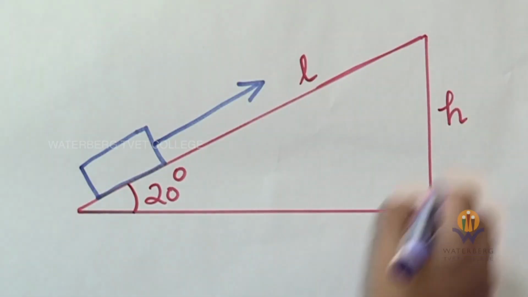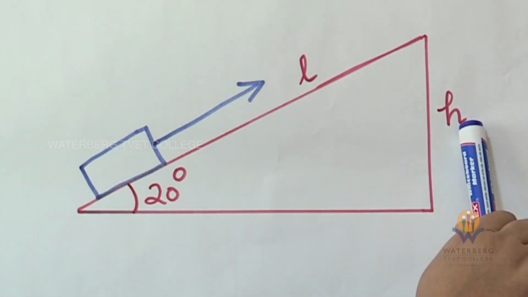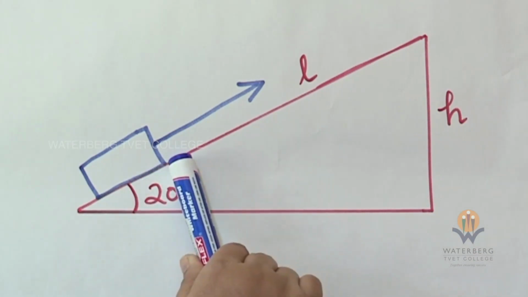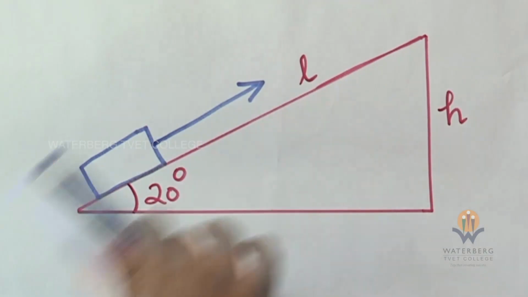If you look at this, you know that it's a right-angled triangle, and this is the opposite side, because this is our theta, and this is the hypotenuse.